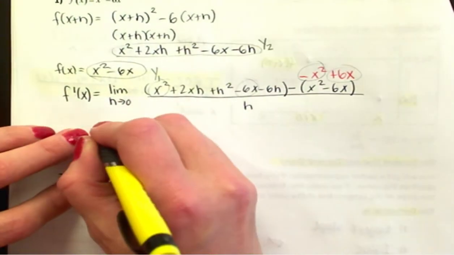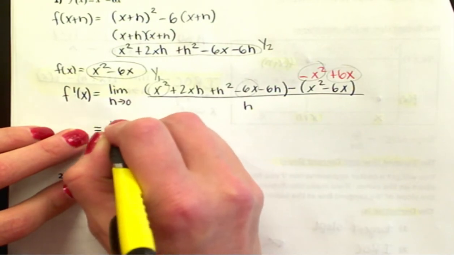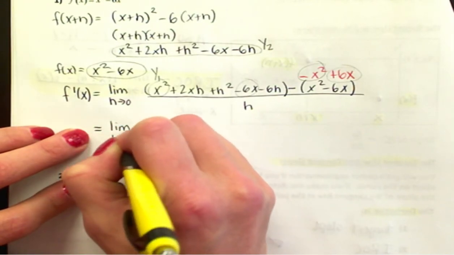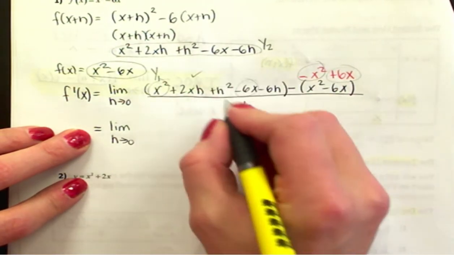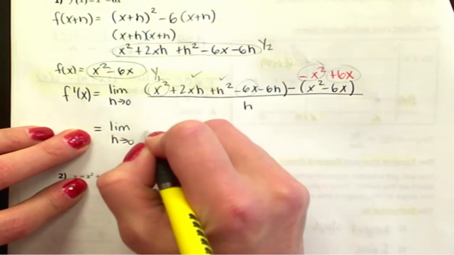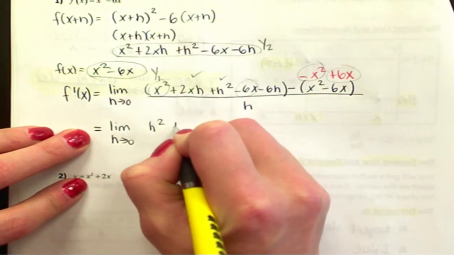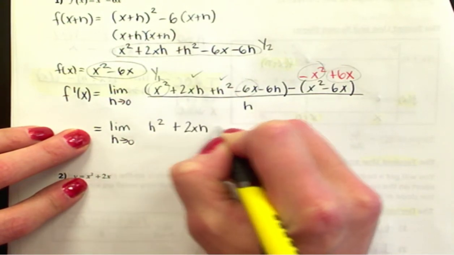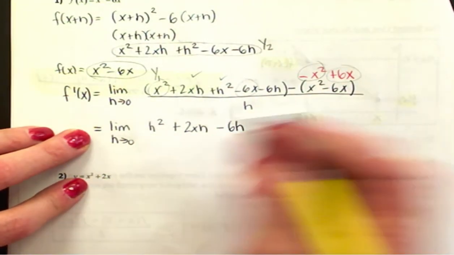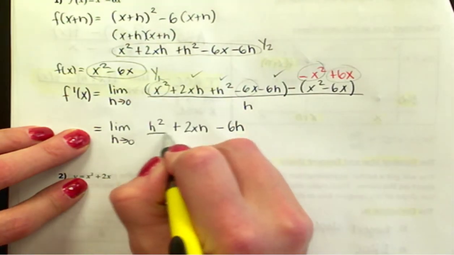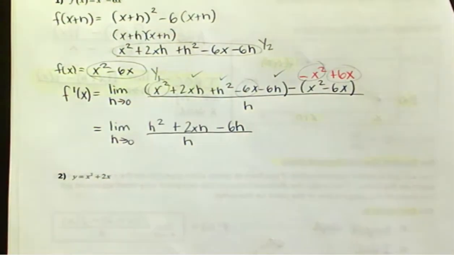Okay. I'm going to try really carefully not to miss anything. So h squared. Oops, 6h. I'm just kind of putting it in order. I just put my high power first. Can I factor the h out just like you did in the warm-up problems?